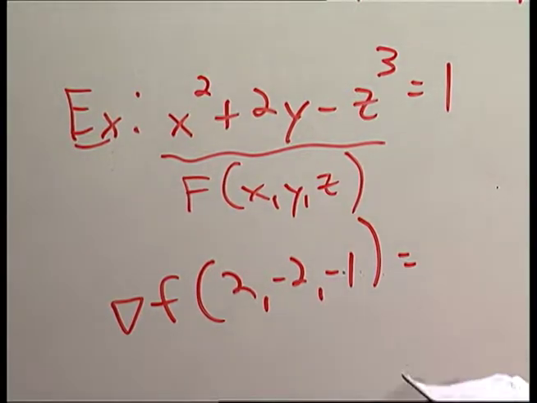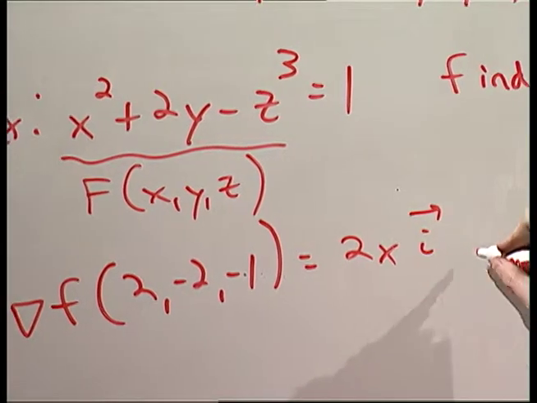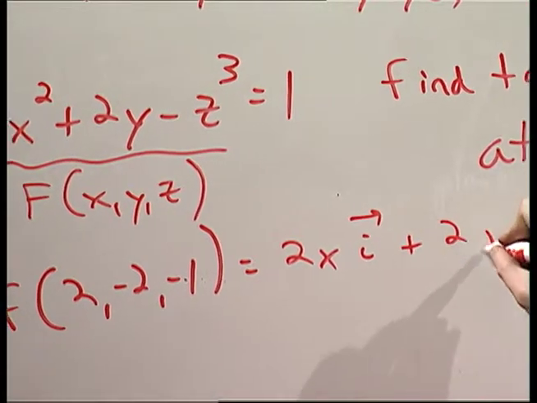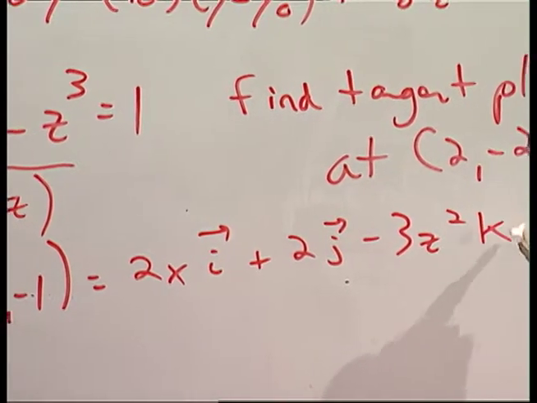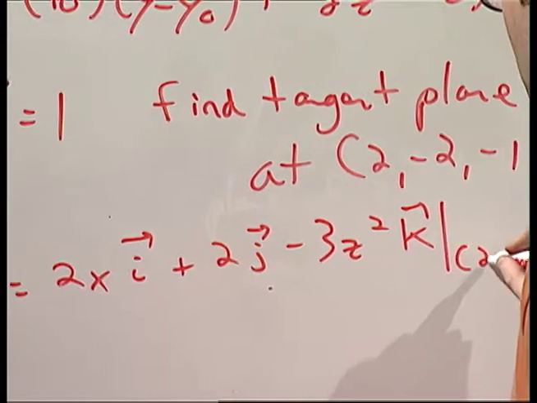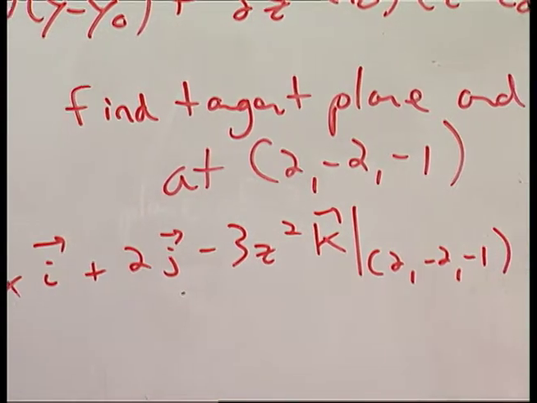The gradient is 2x i plus 2 j minus 3z squared k, evaluated at (2, -2, -1). Right?